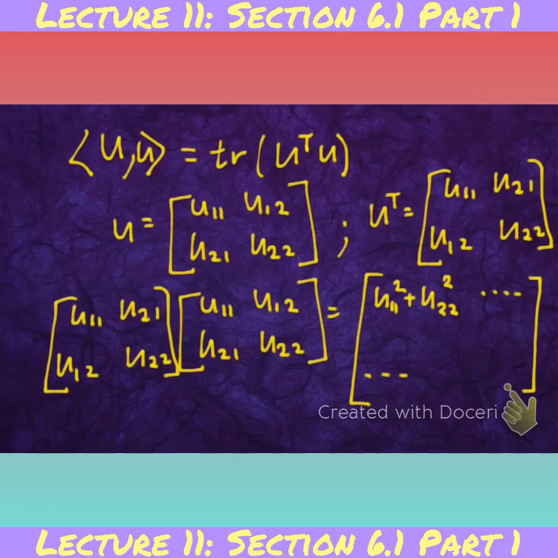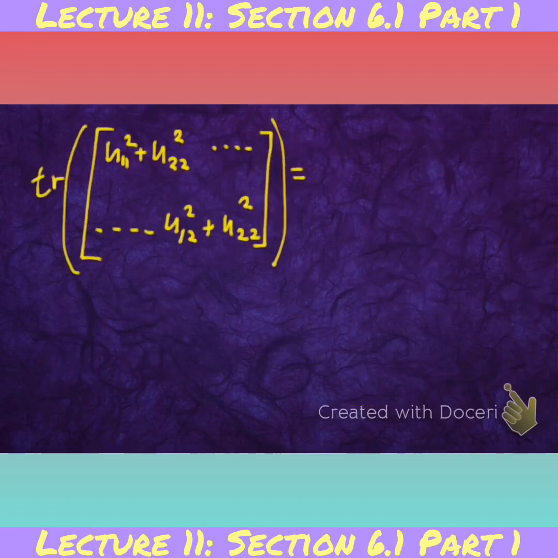So we are not interested in that, and then we calculate the entry in the second row and the second column, and that's going to be U12 squared plus U22 squared. Okay, so then working the trace of this matrix out, the trace of this matrix is the sum of the diagonal entries, and that is very straightforward.